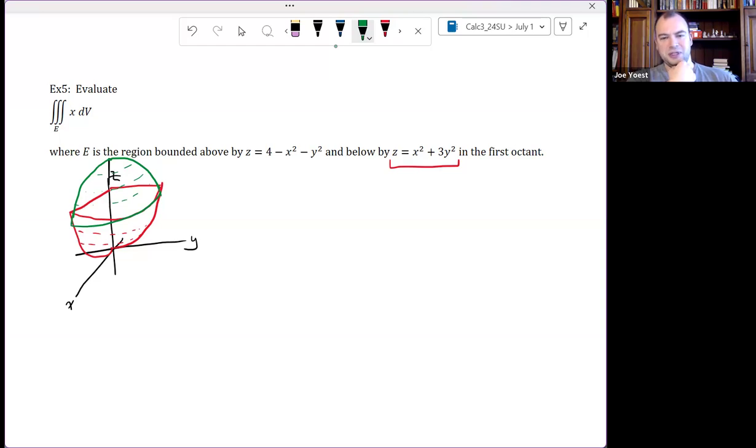So we do see that integrating dz, we clearly go from the red function on the lower end to the green function on the upper end. So I see z goes from x squared plus 3y squared to 4 minus x squared minus y squared.